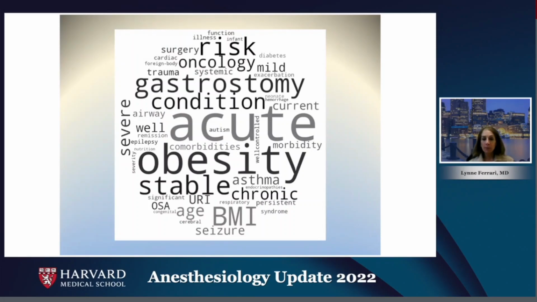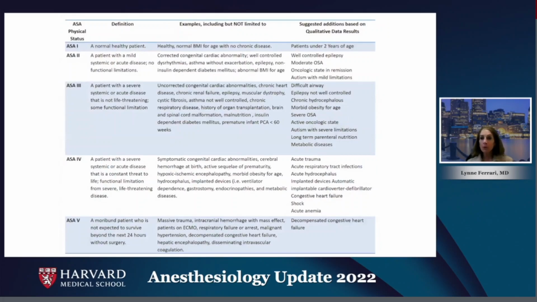What do you do about variations in obesity, going from mild to morbid obesity? What about the BMI? What about the chronic persistent conditions? What about the acute conditions, et cetera? So again, we took all of that information and further modified the definitions that we were proposing. And you can see here on the right the suggested additions based on the qualitative data results coming from that multi-institutional study.